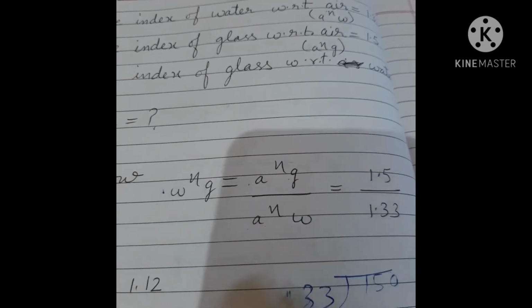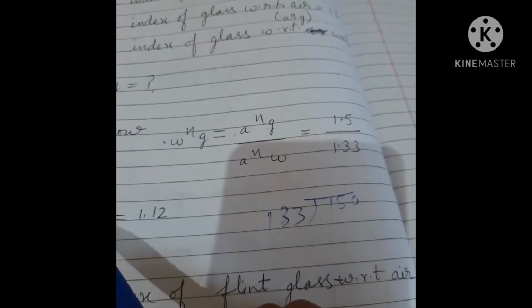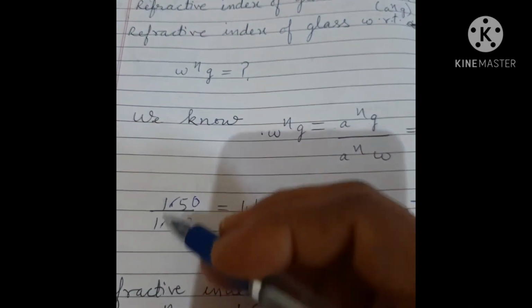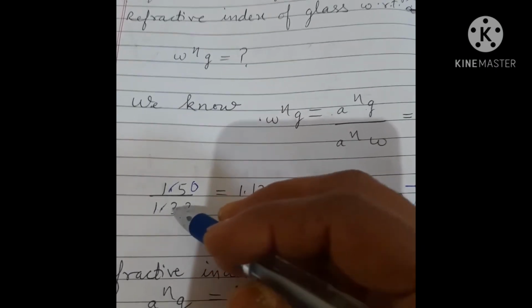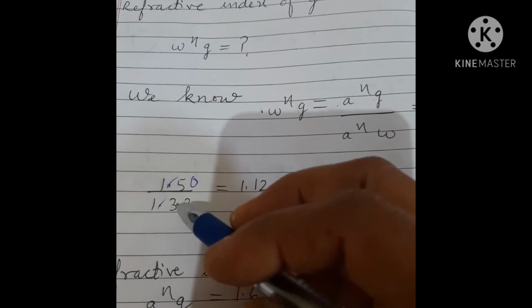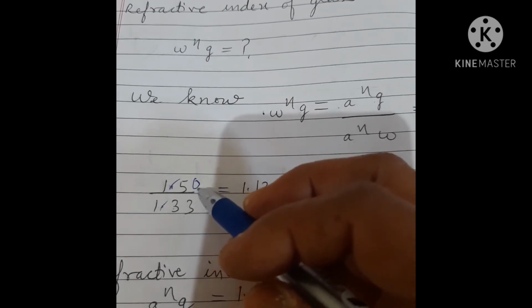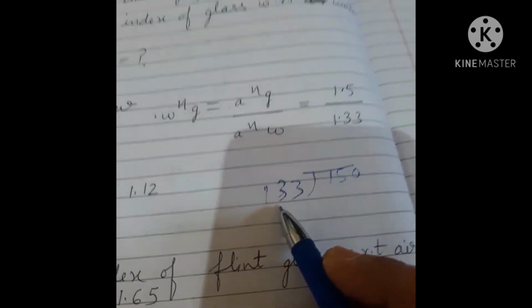When dividing these two, cut the decimals: after the decimal 2 digits here, 1 digit there, so a 0 comes here. 150 divided by 133, you can divide it.